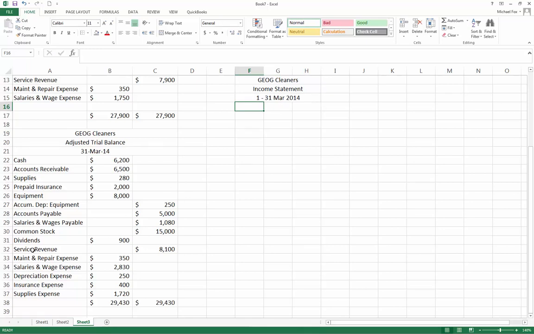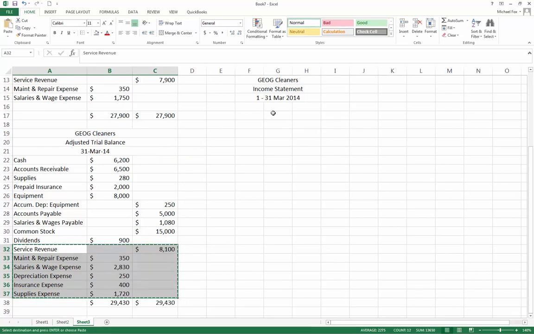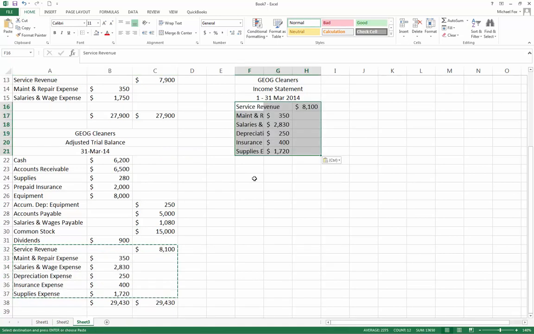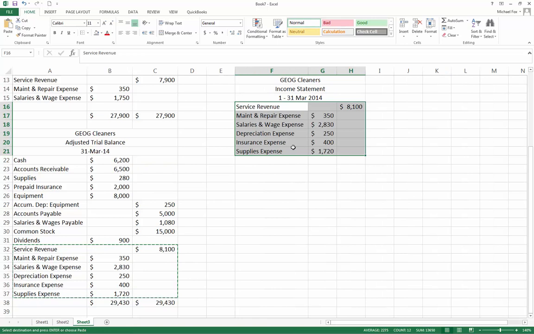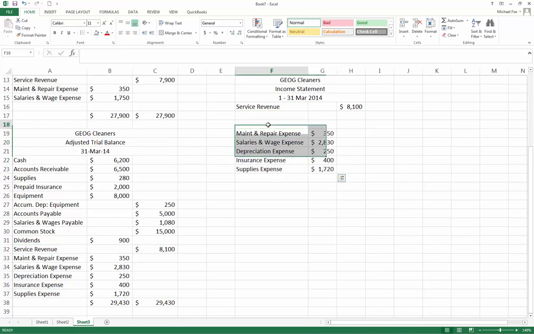All right. So all we do to make that income statement is we copy all of our revenues and expenses over. And then we can, like I said, do a little bit of work to make it look nicer. Total expenses.